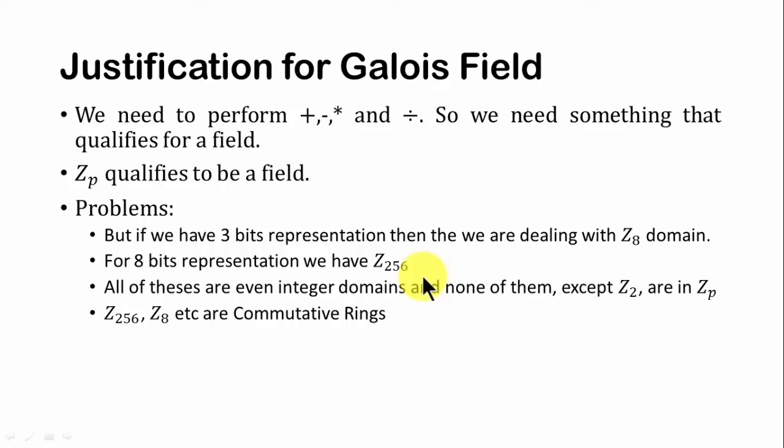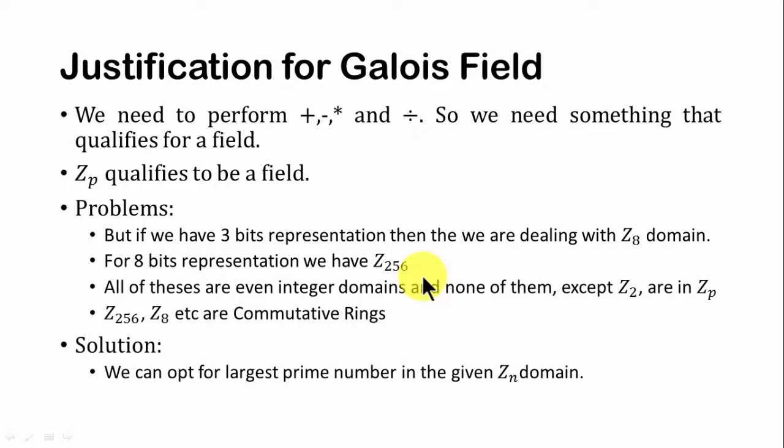And rings do not support the division operation for all the values. So one solution is that if we are opting for a 3-bit domain, instead of going for Z8, we can take the largest prime number and say that okay, we will go for Z7. So 7 is a prime number and therefore Z7 is a field.